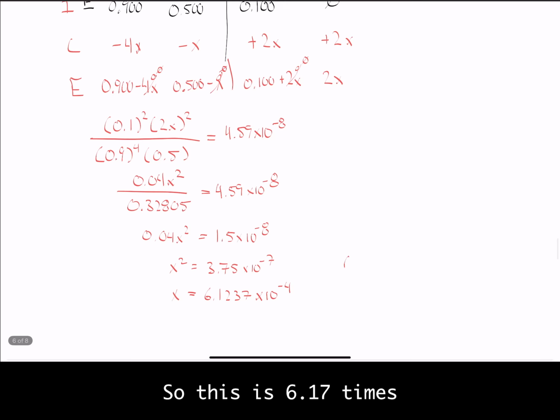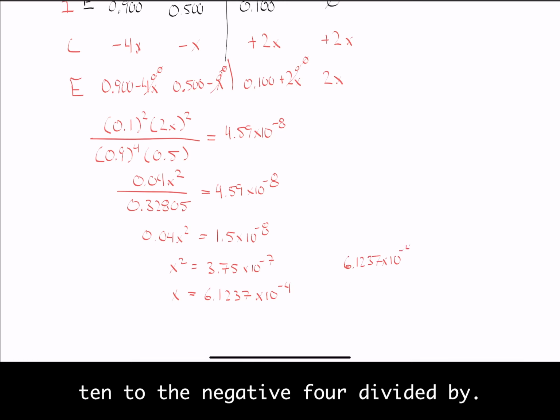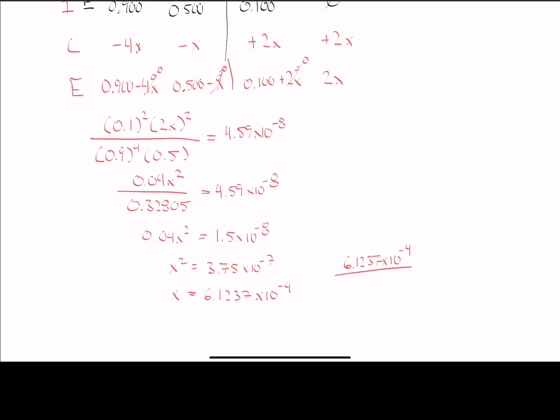So then this is 6.17 times 10 to the negative 4 divided by that, and that's times 100. 0.6%.